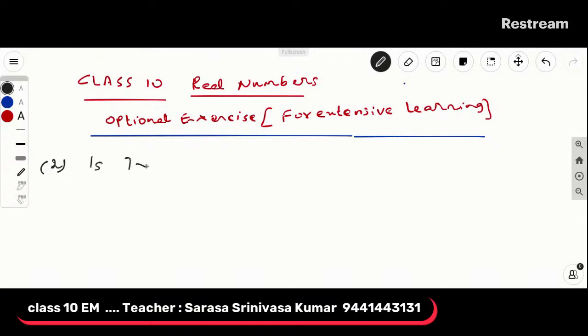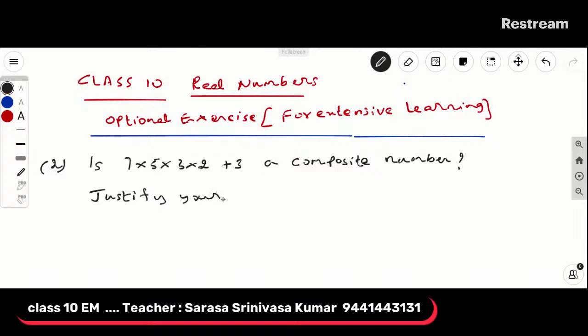Is 7 multiplied by 5 multiplied by 3 multiplied by 2 plus 3 a composite number? Justify your answer.